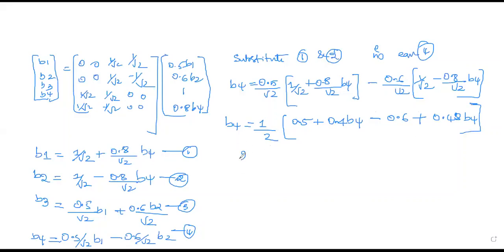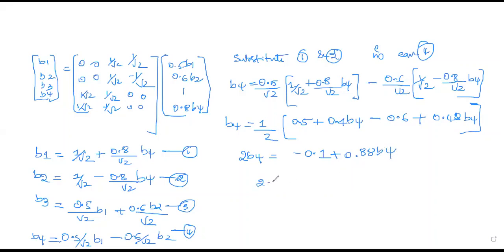Bring this 2 to this side. So you'll have 2 B4 is equal to 0.5 minus 0.6 is minus 0.1. Similarly, 0.4 plus 0.48, you will get it as 0.88 B4. So you have 2 B4 terms here.